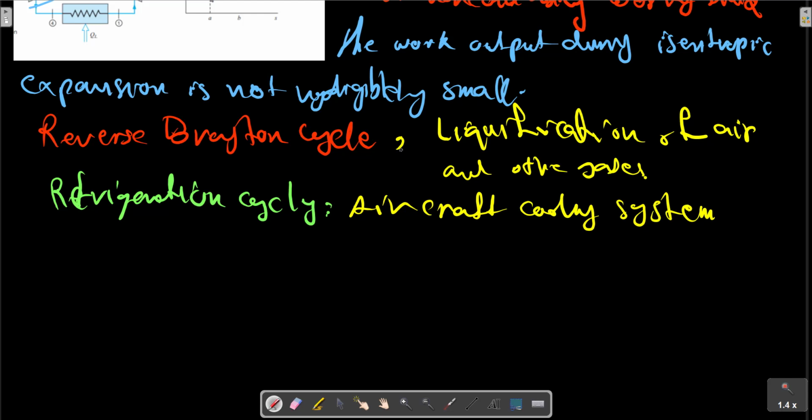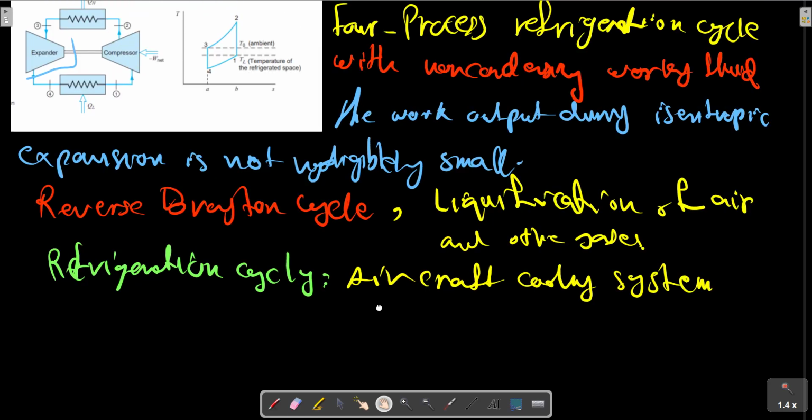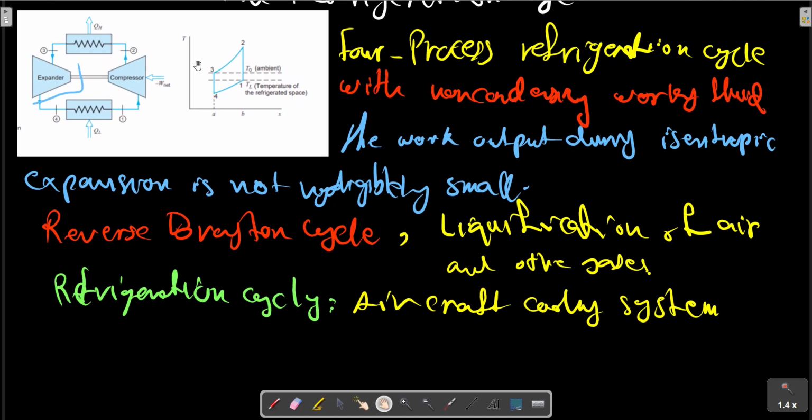After compression from state 1 to state 2 in a compressor, the air is cooled as heat is transferred to the surroundings at temperature T0.